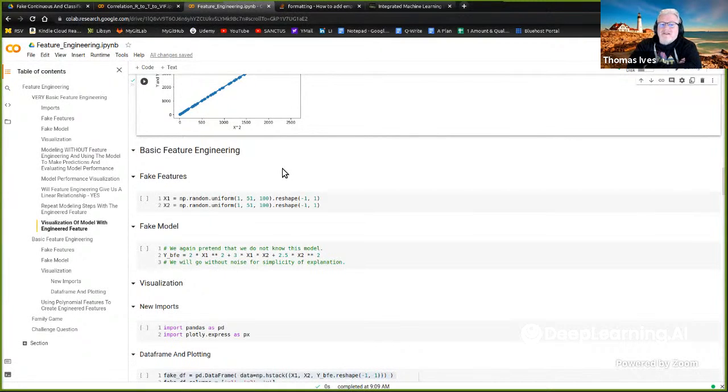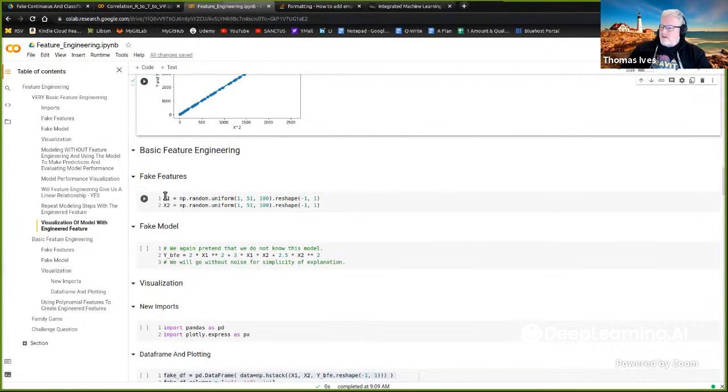So sometimes we have to engineer features, meaning put those features into other functions that will result in linear relations and give us better predictions, so that we actually engineer a new feature or a new set of features.